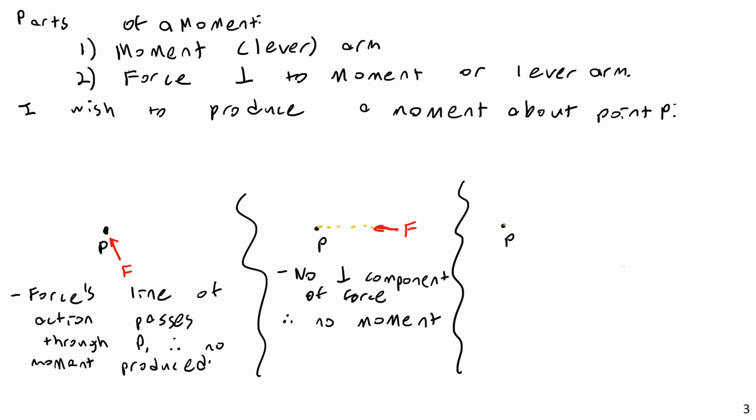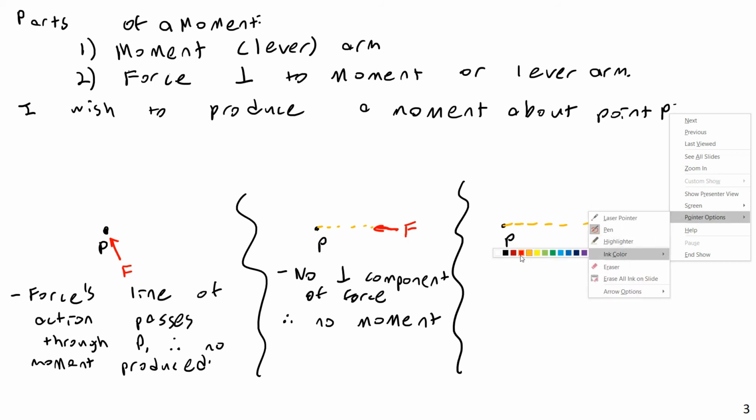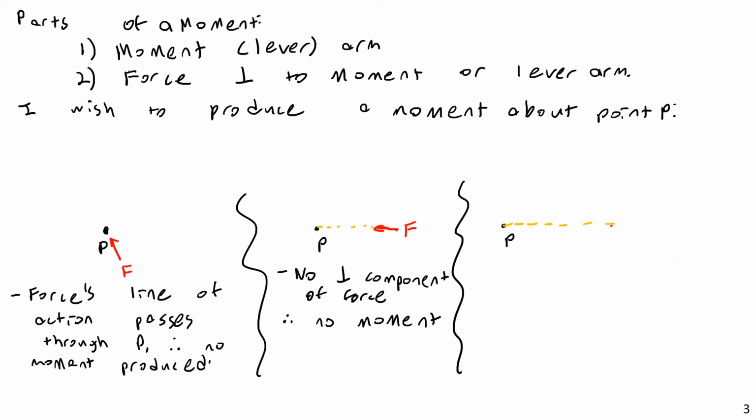Okay, so what would a proper lever arm force setup look like? So let's go ahead and do this little orange lever arm. I am going to illustrate that the force doesn't actually have to be perpendicular. It's just that some component of it has to be perpendicular. I'm deliberately drawing this, not just because of my poor art skills, which are admittedly an issue in this course, so that one component will be parallel to the lever arm and one component will be perpendicular.